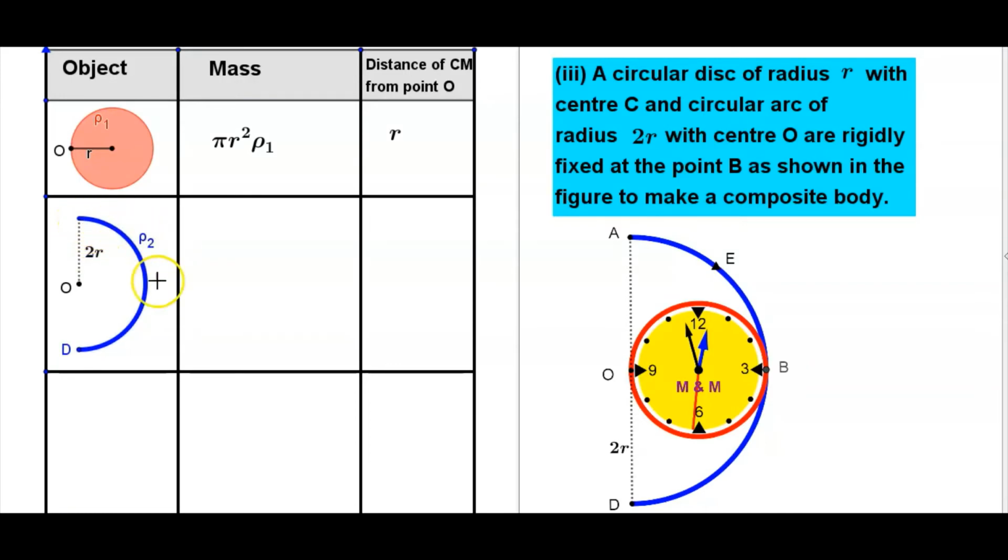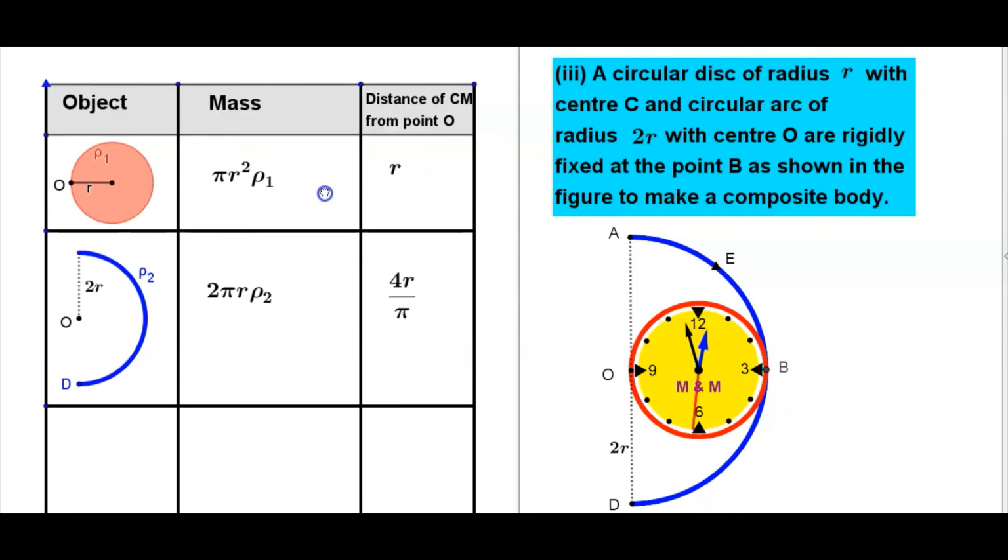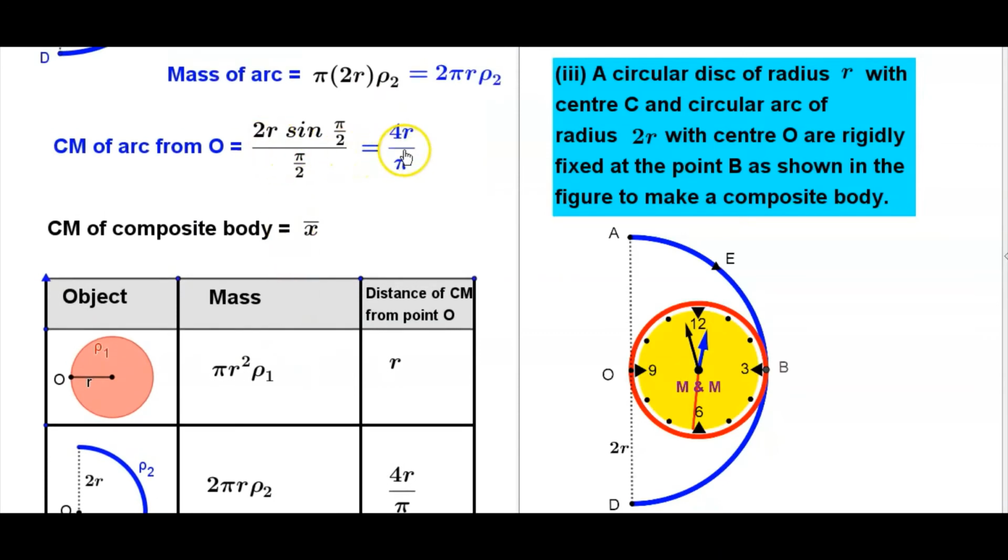Full circle is 2 pi into 2r, therefore semicircle is pi into 2r. The mass is pi into 2r into rho 2, that is 2 pi r rho 2. The center of mass is 4r over pi, as we already found.